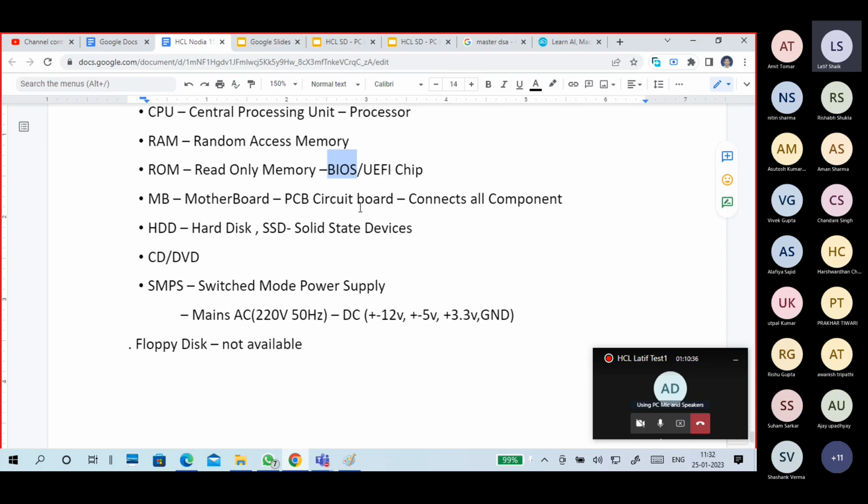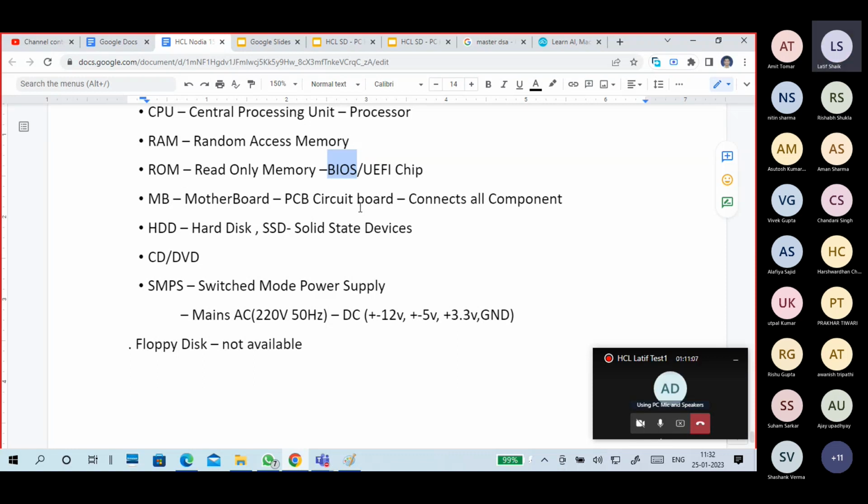So when you start your computer, the firmware will help you to start your PC. Like how to check each and every component of the PC, how to load the operating system. The step-by-step boot processing is done by firmware only. Recognition of hardware devices is also done by firmware only. That firmware we call BIOS.